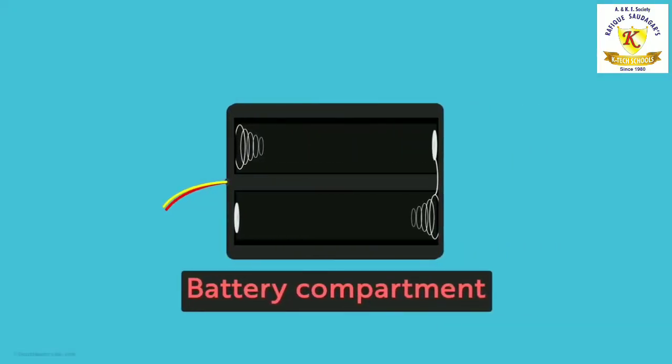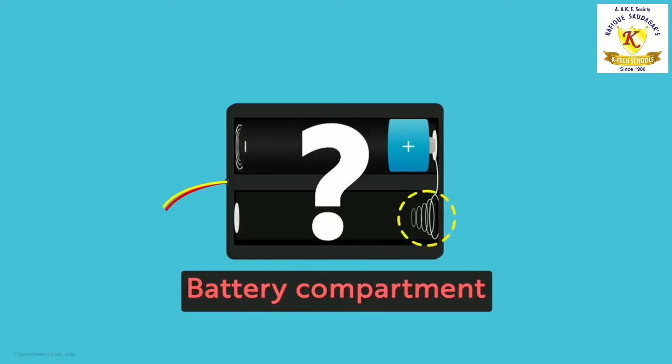You must have also seen a battery compartment in devices in this shape. How do we insert cells in this cell holder? Yes, we compress the spring by inserting the negative terminal of the cell. What is this spring made up of?